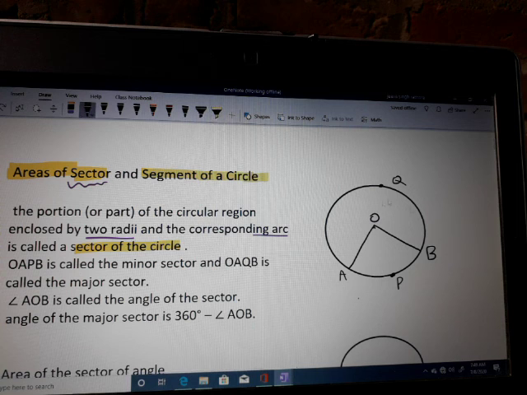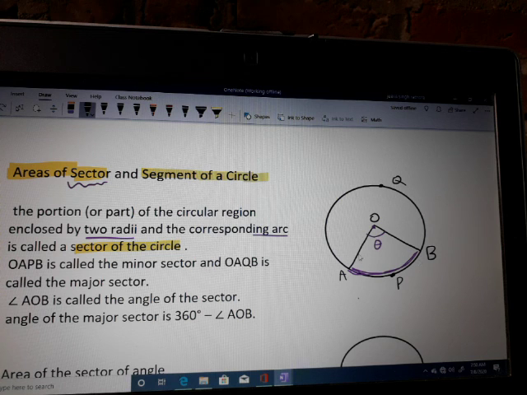Here I have already drawn the diagram. This is the center of the circle, O, and this is the minor arc from A to B. This subtends an angle, suppose theta, at the center.